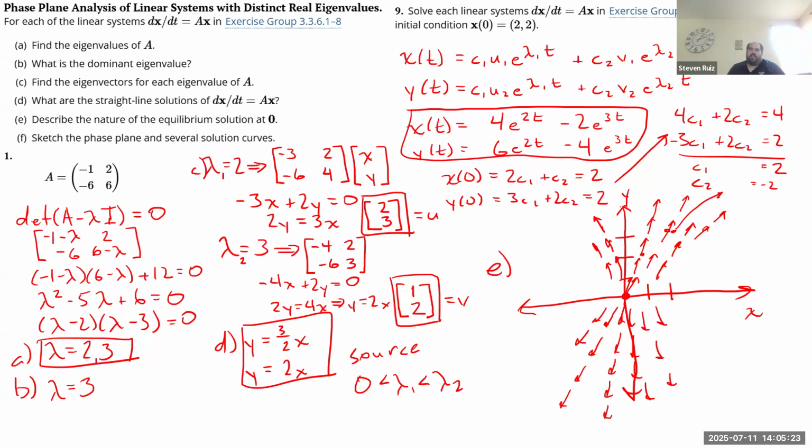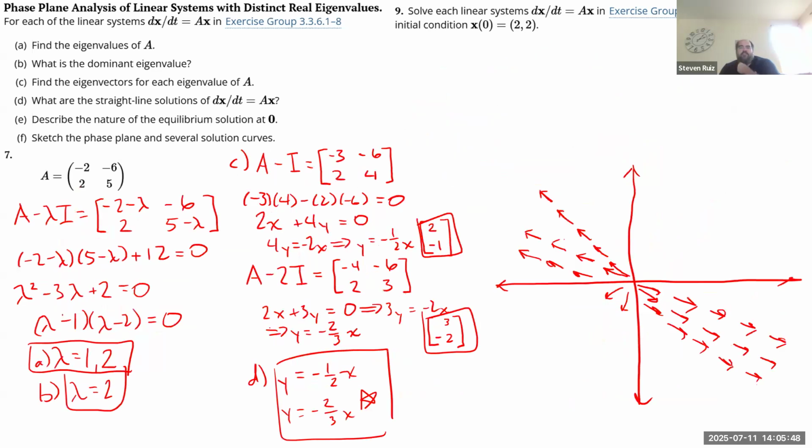So even though this is a source, it looks like I do have some behavior that trends toward the origin for a bit, but eventually we're going to see some behavior like this. So that's a rough sketch of what that solution will look like with that initial value.